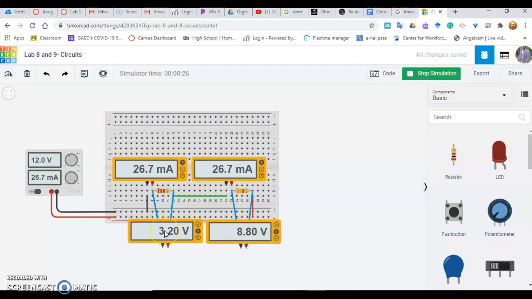Also, we're able to prove Kirchhoff's law that voltage is additive in a series circuit. Look at resistor 1. The smaller resistor sees the smaller load drop. The bigger resistor sees the bigger load drop. You take 3.2 volts, add it to 8.8 volts, and you have the total source voltage of 12 volts. We're able to prove Kirchhoff's law for series circuits.